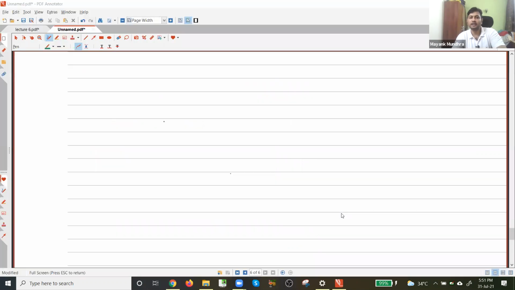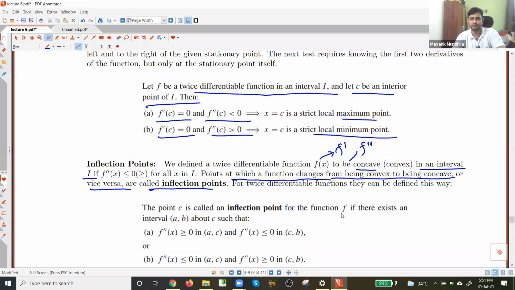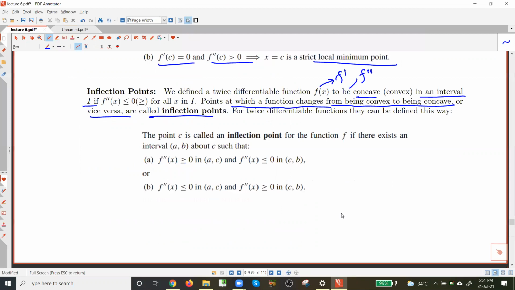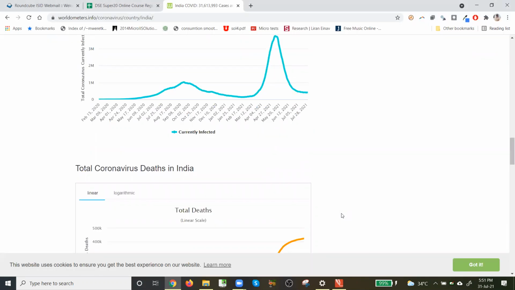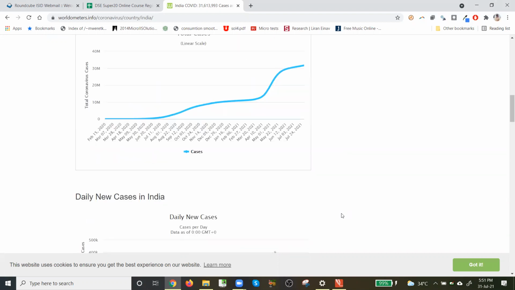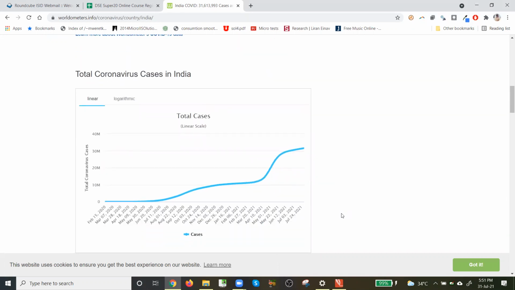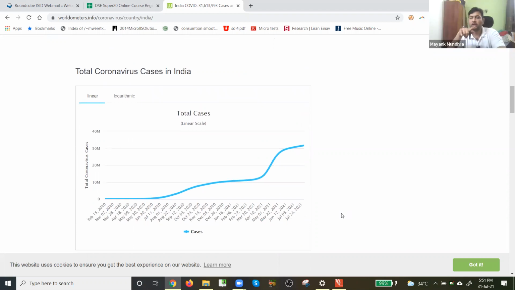So how do you identify inflection points? The point of inflection basically marks the rate of change in the slope of the curve. Rate of change in the slope. So it's when the rate of change of the slope, basically the slope, has stopped increasing or decreasing.